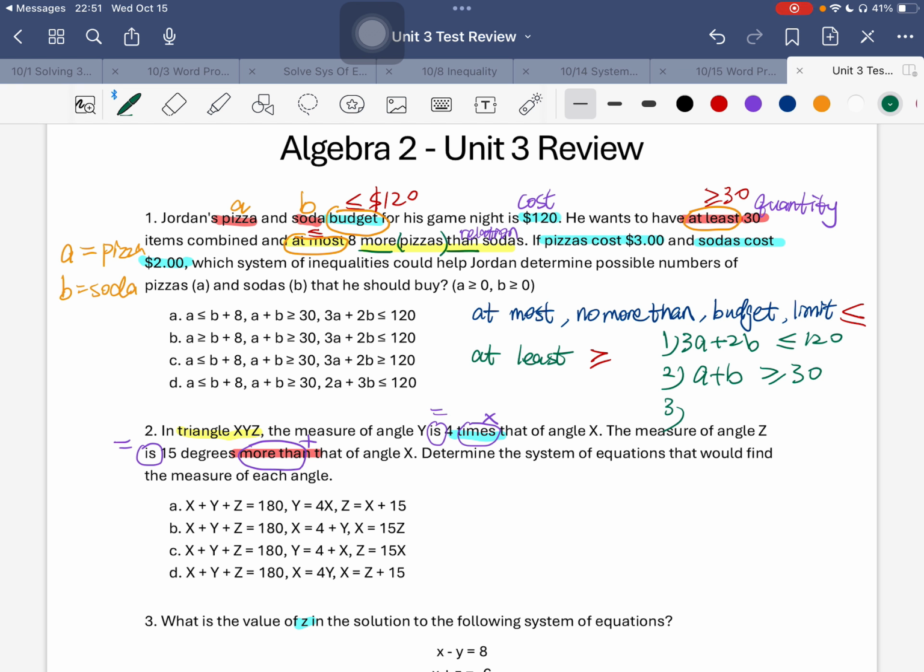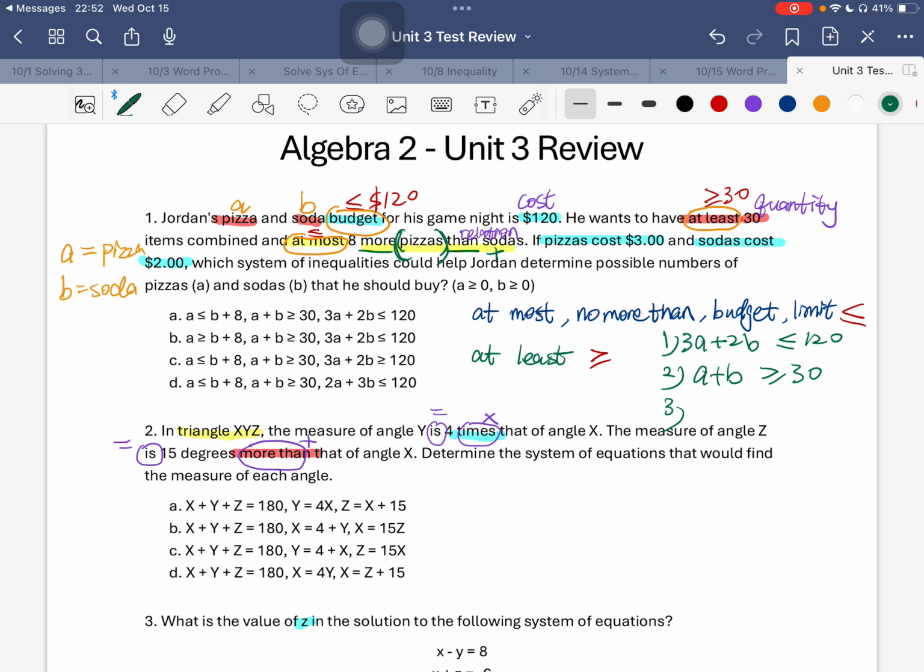The third one is the relation equation. So we have at most 8 more than. From the anchor chart, we can see more than is plus. More than means addition or plus. The middle part, the more than, is going to split the left part from the right part.